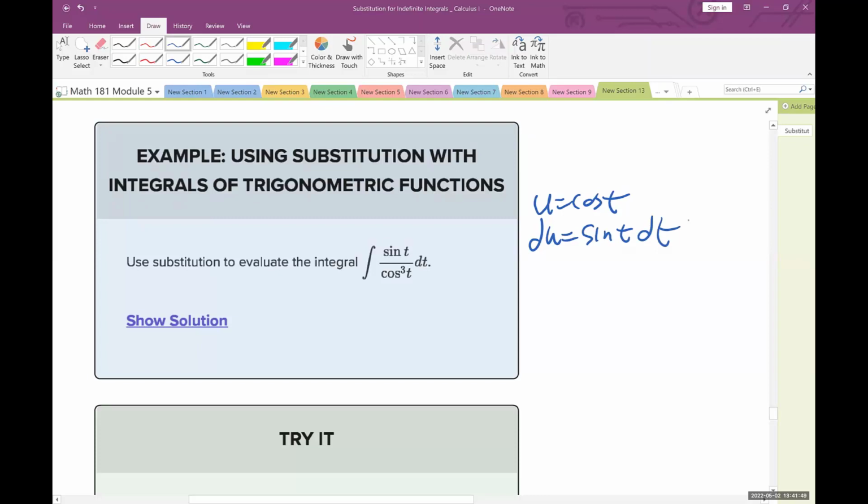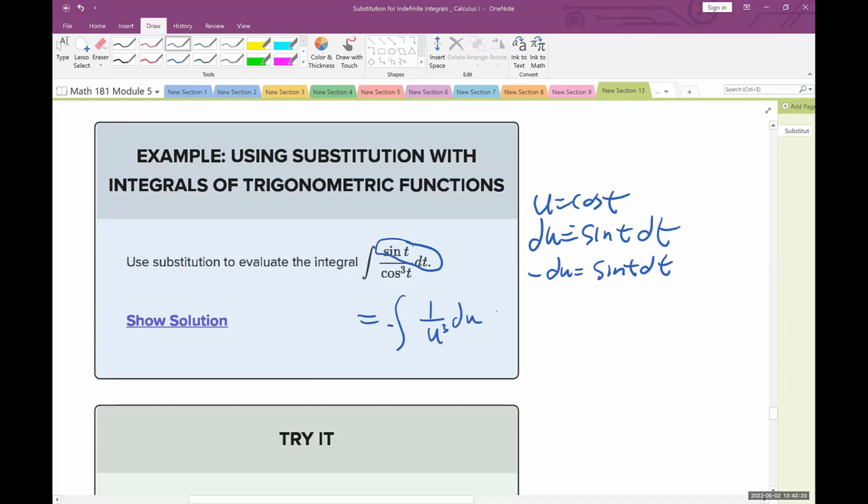So, oh, you're right. It is negative. I apologize. You're right. Derivative of sine's positive cosine. So thank you, good job. Okay, so we have a negative sine t dt. So you could say negative du equals sine t dt. So this becomes instead the integral, I'll put that negative out front, of 1 over u cubed du.